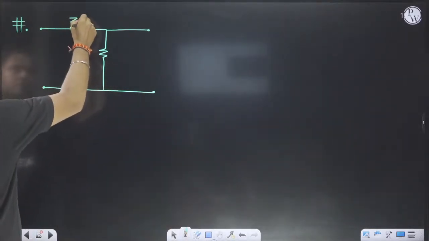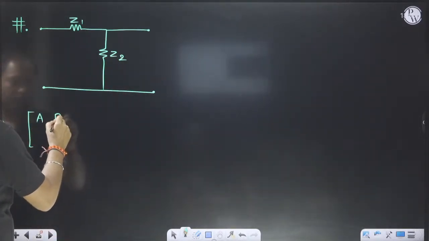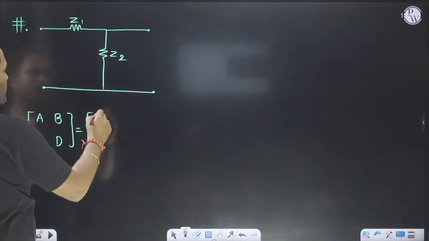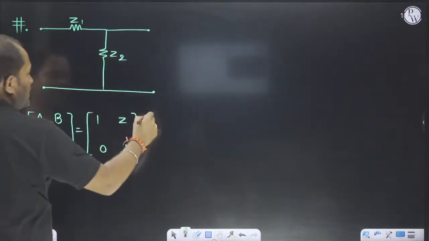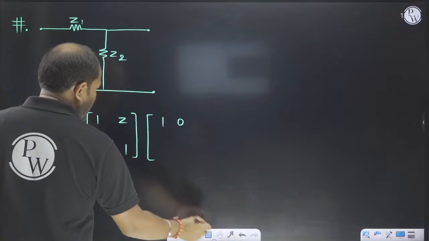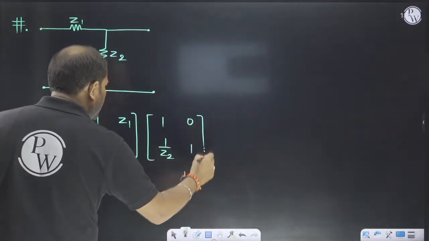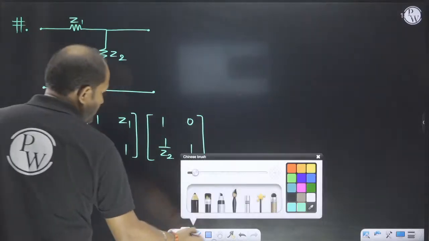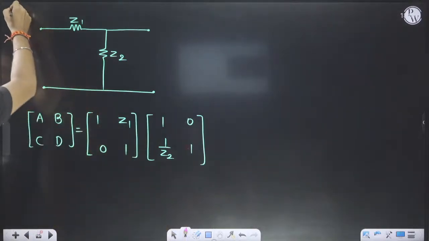So this one is Z1 and this one is Z2. I will help you with how to calculate ABCD, which is very easy. ABCD for this one is 1 Z 0 1, and ABCD for this one is 1 0 1 by Z 1. So you calculate ABCD, then you calculate the S parameter.